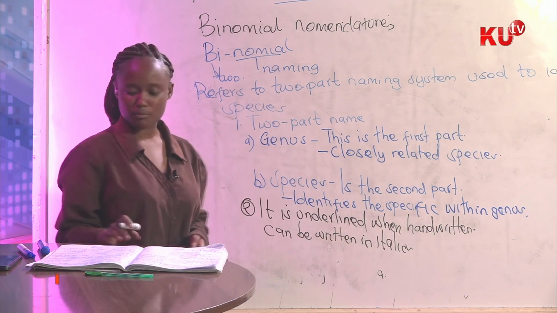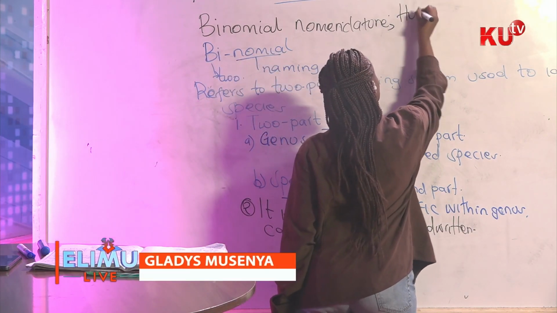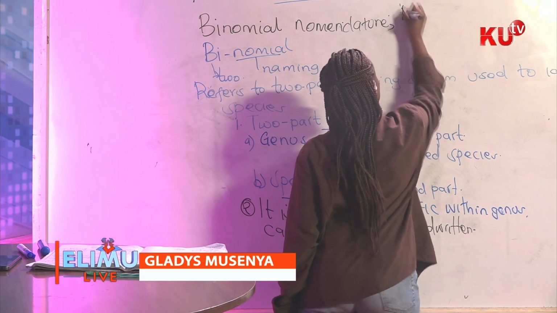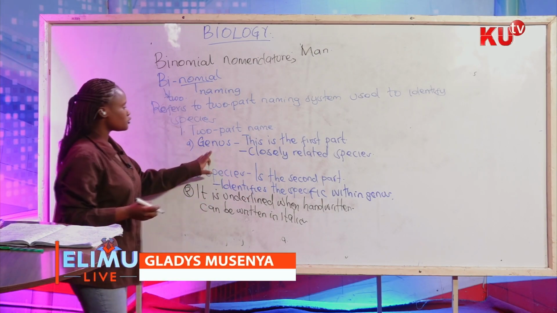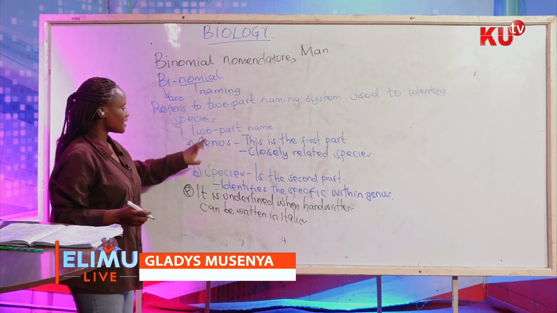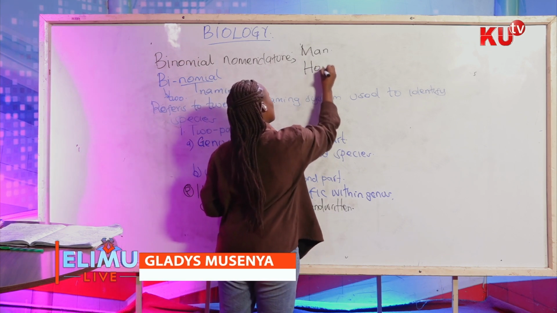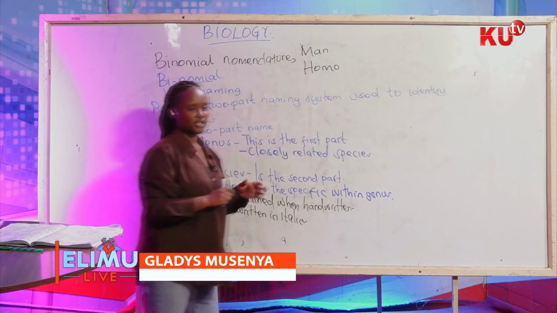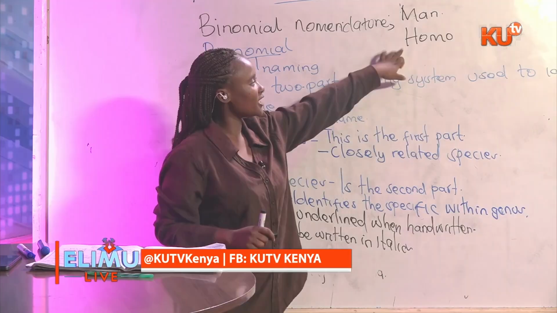Now, for example, we have the example of human or man. Let's use man. In man, we have the two-part name. We have the genus part, Homo, which is written with a capital letter. The first letter should be written in capital letter.